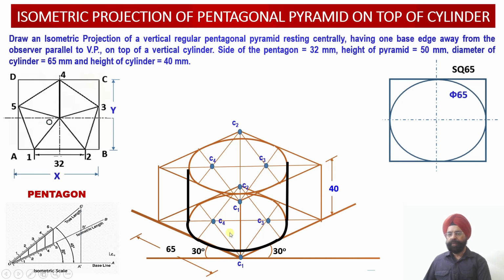Since the observer is looking from this side, if I place edge 1, 2 over here, both the conditions will be satisfied. This edge will be away from the observer and this edge will be parallel to the vertical plane, right? So this is the corner which will be facing the observer.